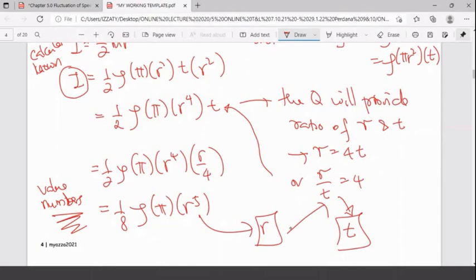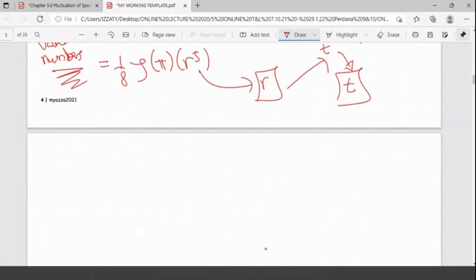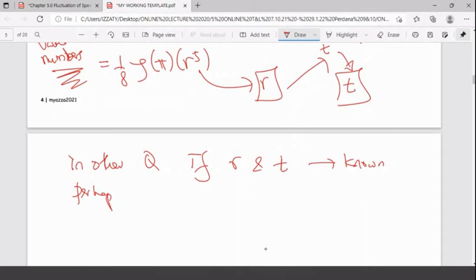Yes, thank you, cool. So perhaps in another equation, they provide you R known and T known, perhaps you have to select the materials, isn't it?